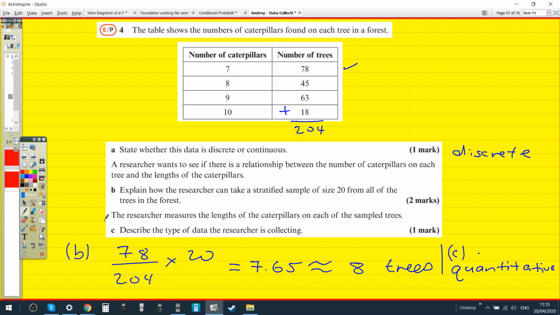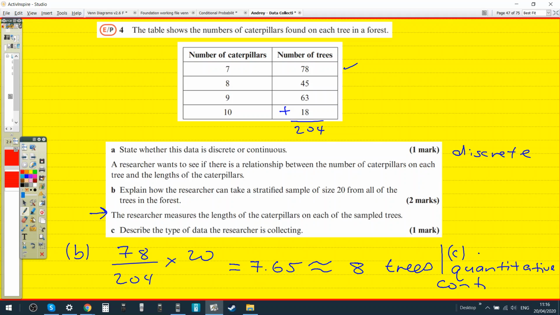Stratified. Question C starts there. Would it be continuous because it says lengths or something?